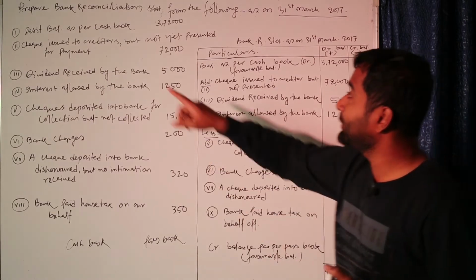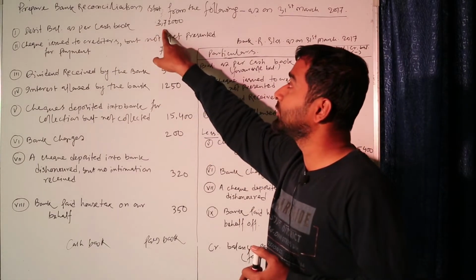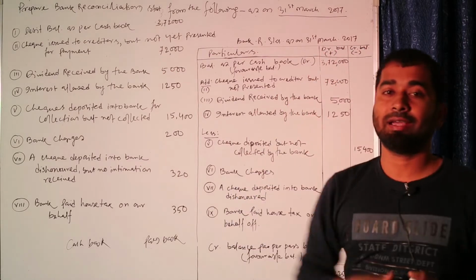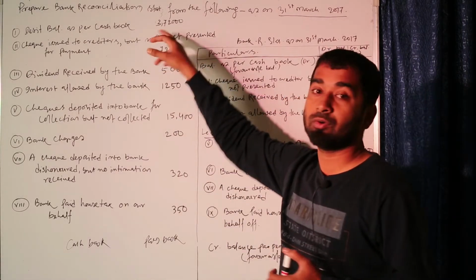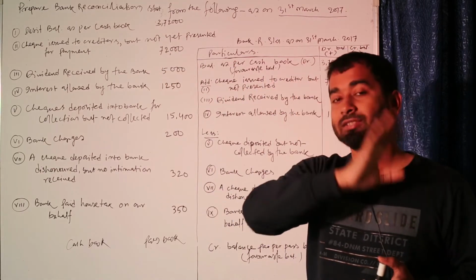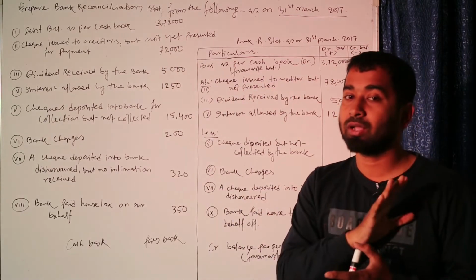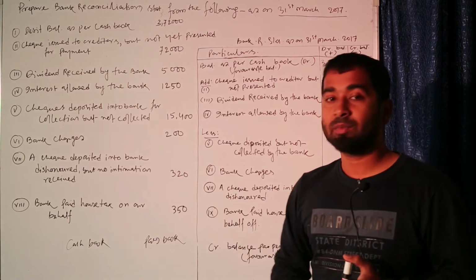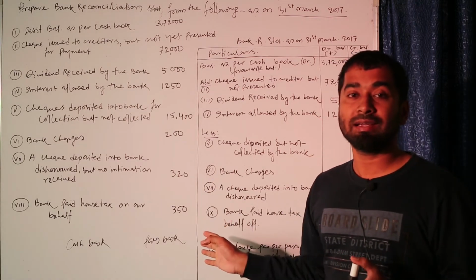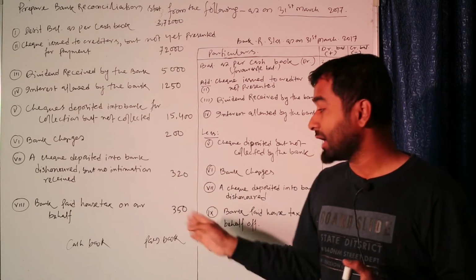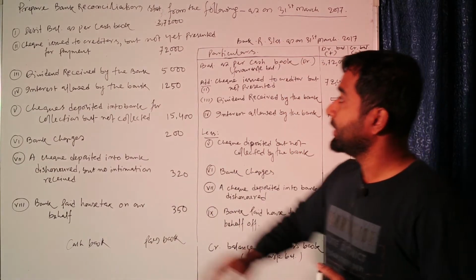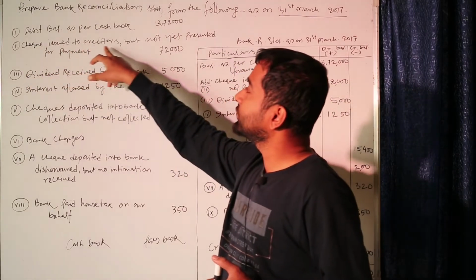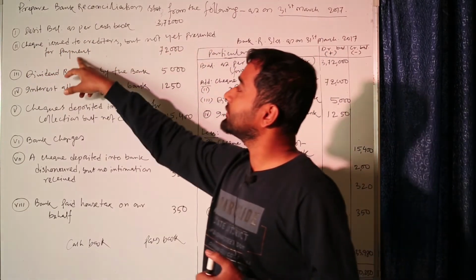Remember that since the balance given is as per the cash book, you can change only the cash book. The other things, the transactions they have treated, as per those I should treat my account.